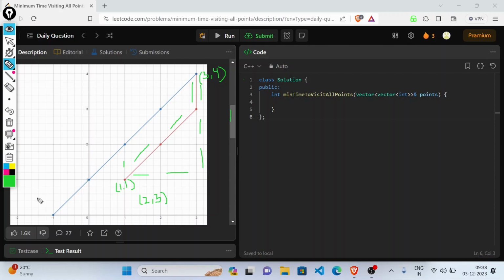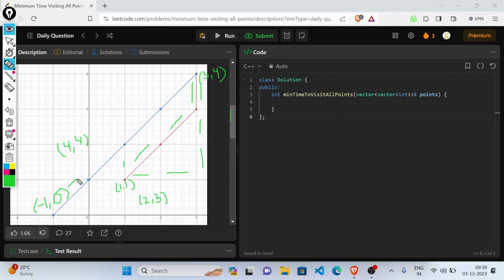Let's talk about another point, minus 1 comma 0. So 3 minus minus 1 is 4, and 4 minus 0 is 4. Their maximum is also 4.